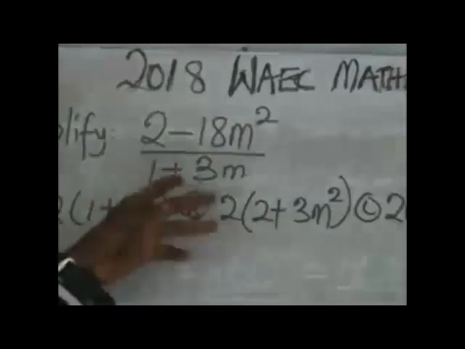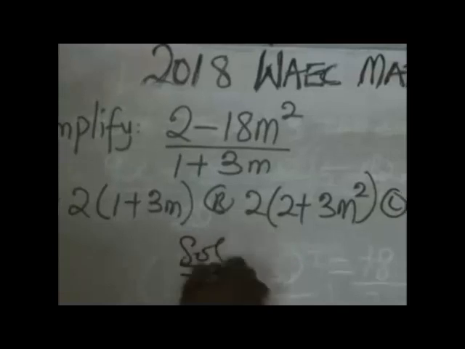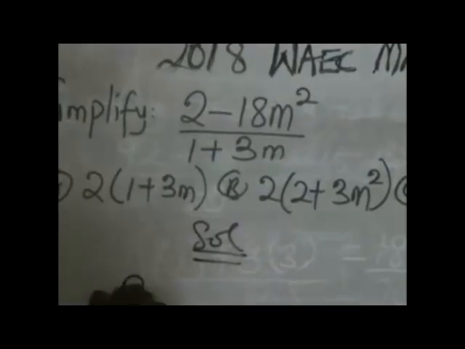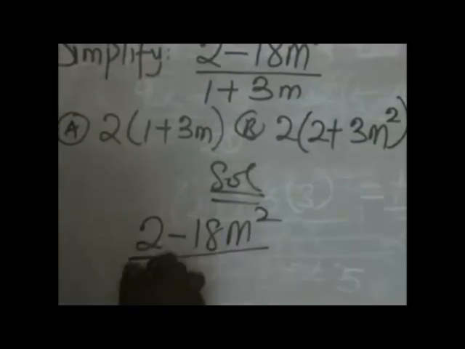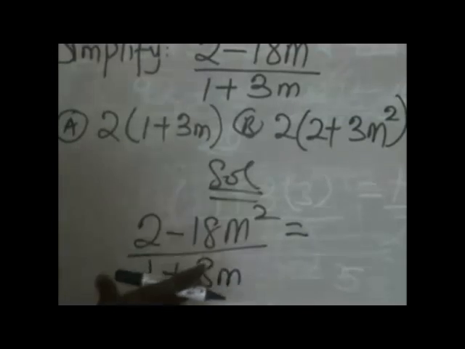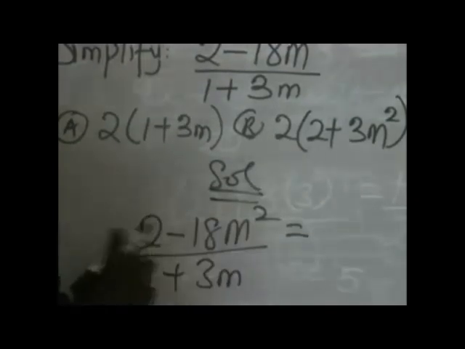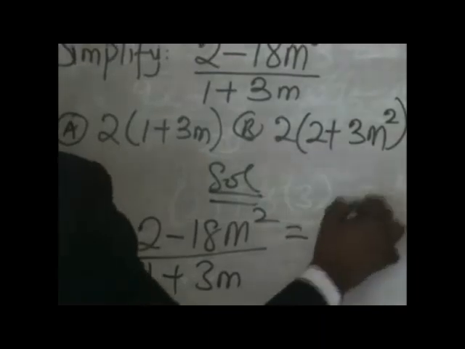It says simplify 2 minus 18m squared over 1 plus 3m. So what you simply do is simplify it. You can factorize the numerator. If you factorize 2 minus 18m squared, you take out 2, open bracket.